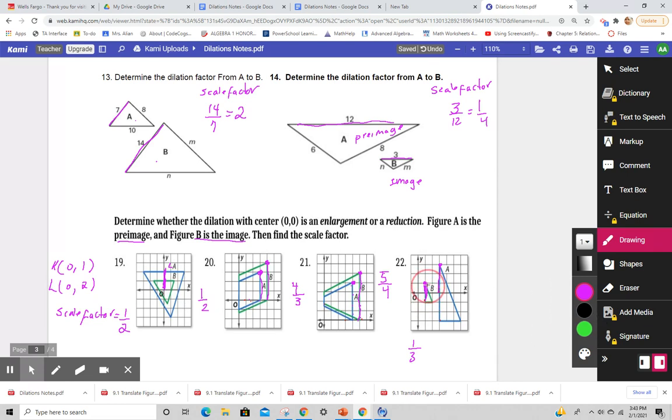How long is this side? That's 2 units. How long is this corresponding side? 1, 2, 3, 4, 5, 6. 6 units. So you would end up with 2 over 6, which reduces to 1/3. So I showed you multiple ways to find the scale factor, which is the dilation factor.